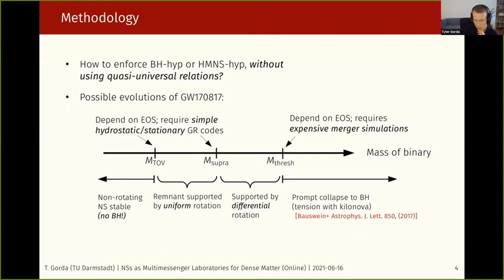One of the things I am interested in looking at, though, is whether we can calculate the threshold mass for prompt collapse for some of our randomly selected more extreme equations of state and see whether that universal relation holds or not. It's something we could do, but again, I would be worried about unknown systematic errors because some of our equations of state might be too extreme for that to hold. Yeah, okay, that makes sense. Thank you.